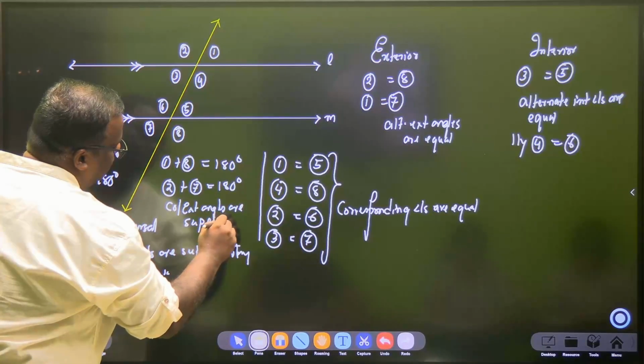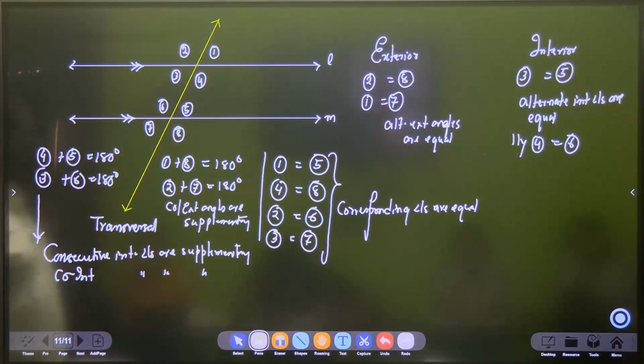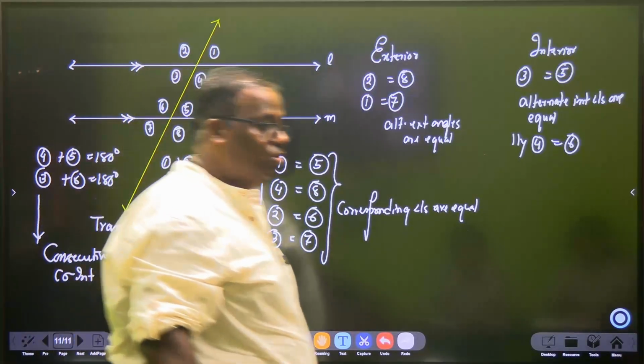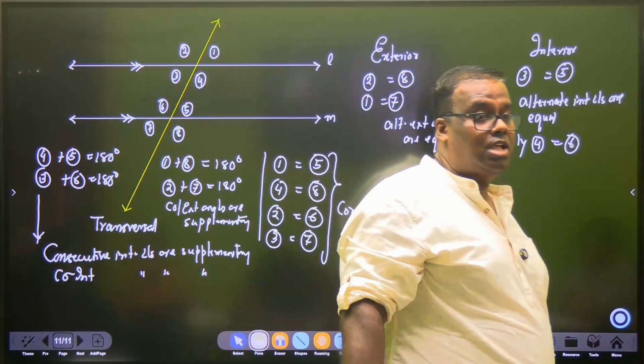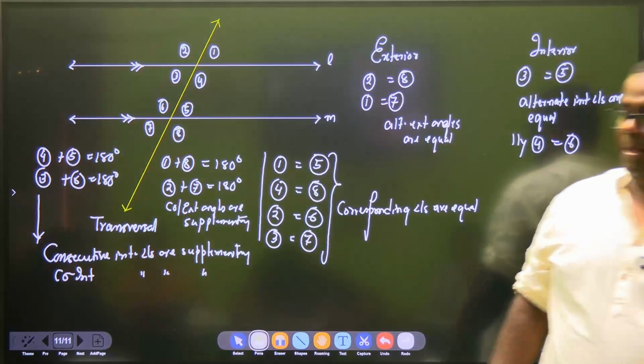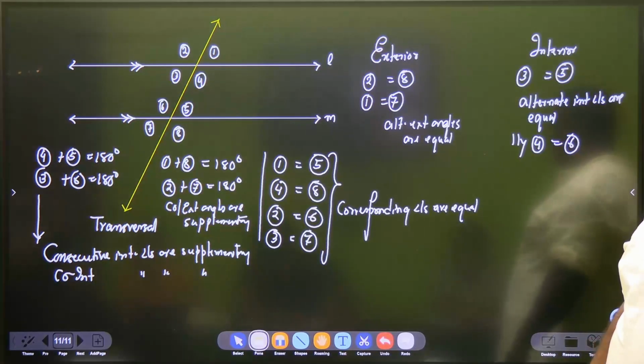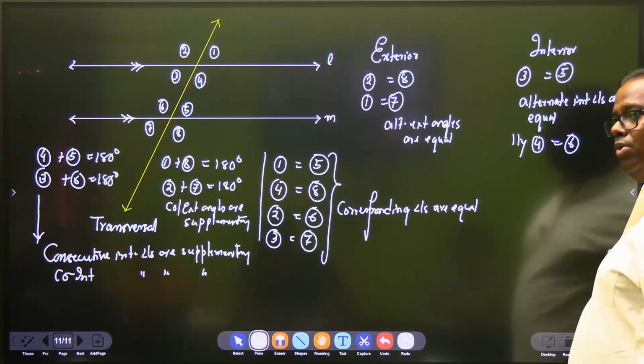That's all the gyan that we need. Apart from this, you also need the gyan of vertically opposite angles. You also need the gyan that the sum of all angles of a triangle is 180 degrees. Okay? Shall we go ahead? This much done, copied. Yeah. Can I go ahead?